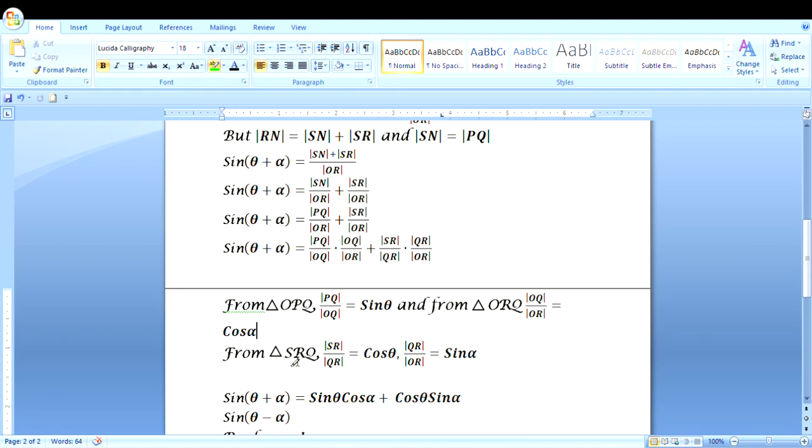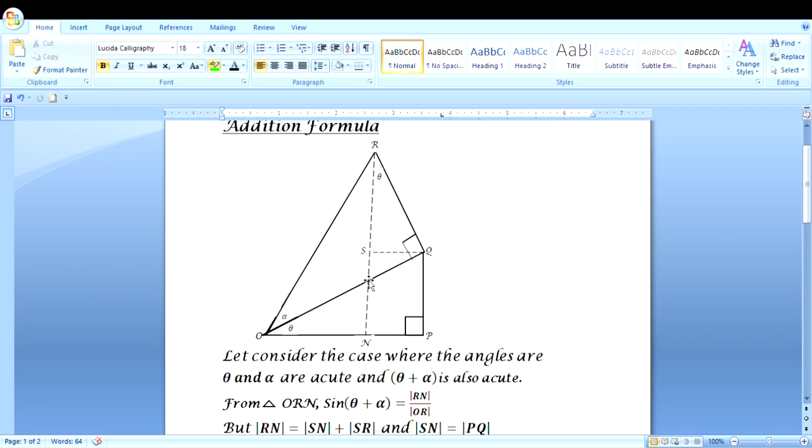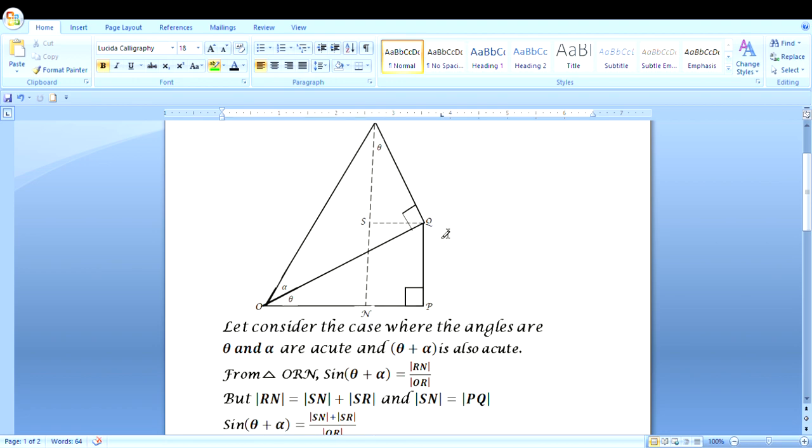Then from triangle SRQ, let's look at triangle SRQ here, which is also part of the diagram. So here we have the angle theta. This is opposite. Now let's look at what connects SR and QR.